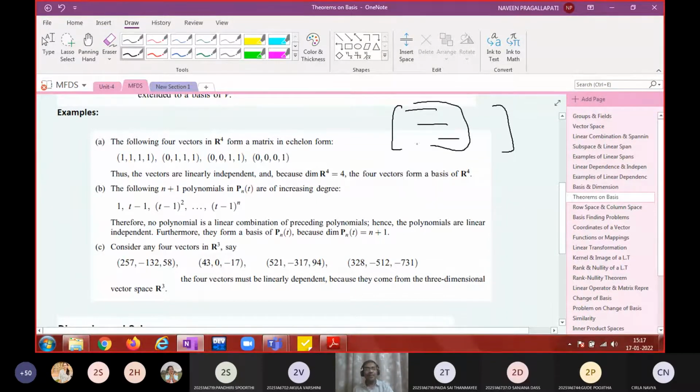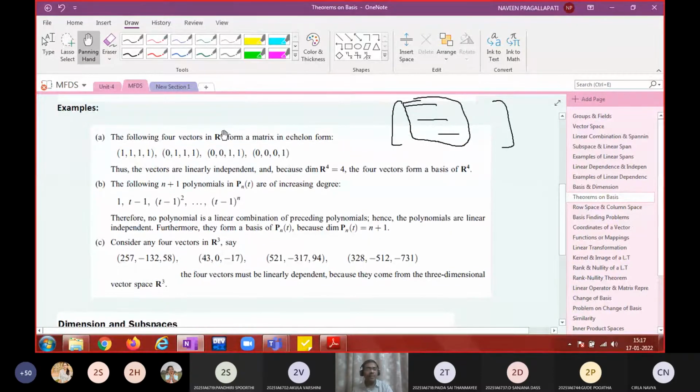If the number of non-zero rows equals the number of rows, then they are going to be linearly independent. Otherwise, they are going to be linearly dependent. So if you form a matrix by putting them as row vectors and find the rank, you will identify that the rank is 4. Therefore, these vectors are linearly independent. If the rank is less than 4, then you will say that they are linearly dependent vectors.